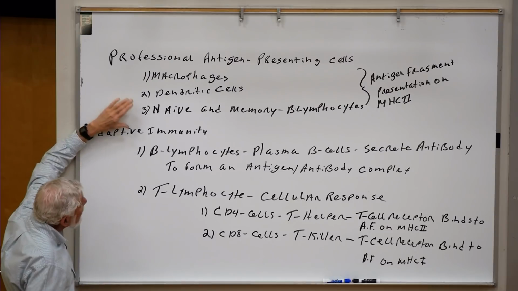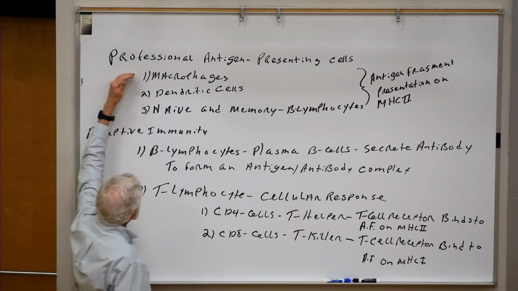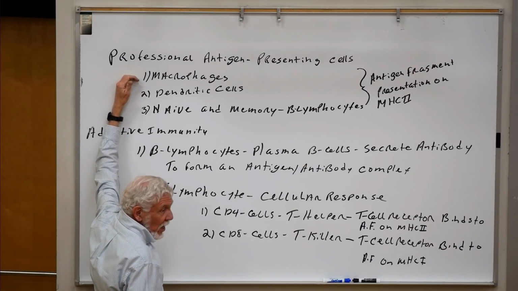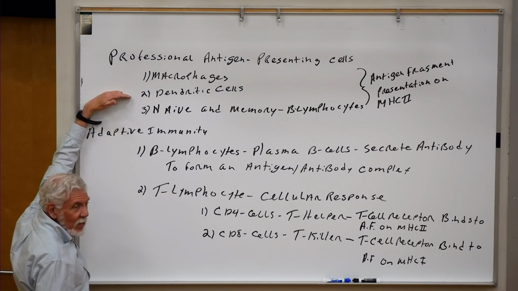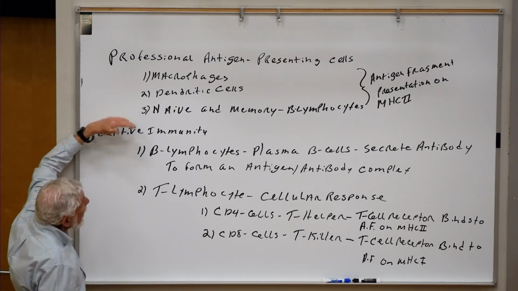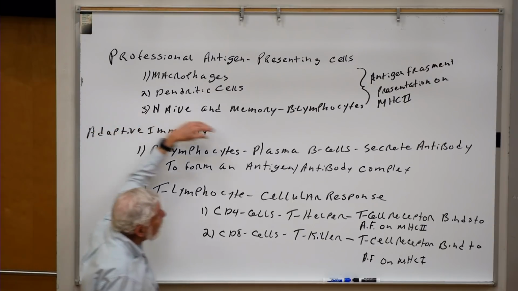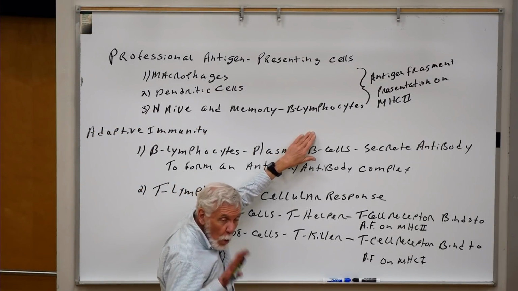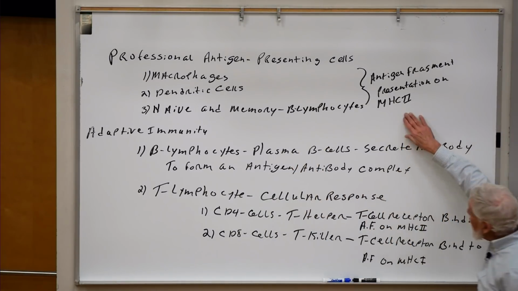We're now going to see that there are two other related cell types that will be the so-called professional antigen-presenting cells. They come in the form of dendritic cells, which are really a kind of cousin to the macrophage, and another cell type we're going to spend some time on today, the naive or memory B lymphocytes. Those are the only three cell types that generate an MHC2 protein.